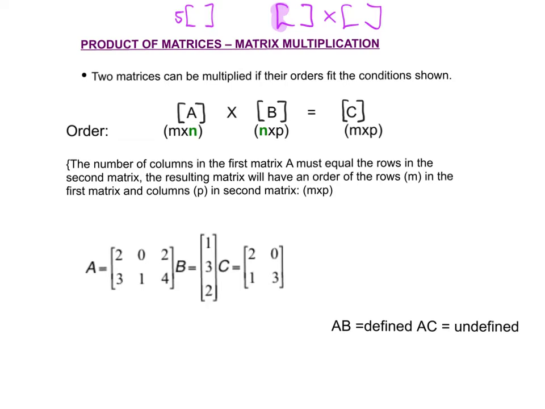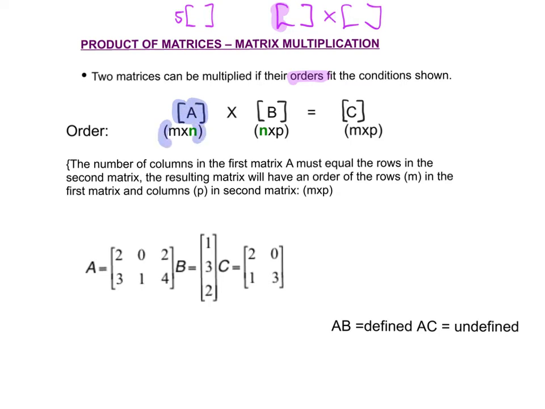Now, to be able to do this, there have to be some conditions that fit, and they're to do with their orders. So remember that their orders are how many rows and columns they have. So if you look here, I've got matrix A, and it's got an order of whatever it would be.